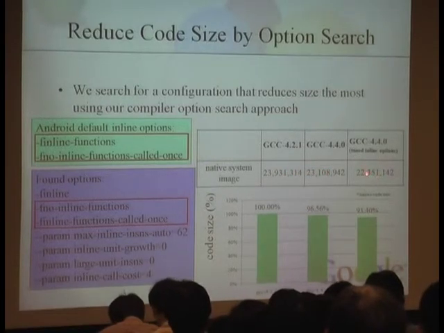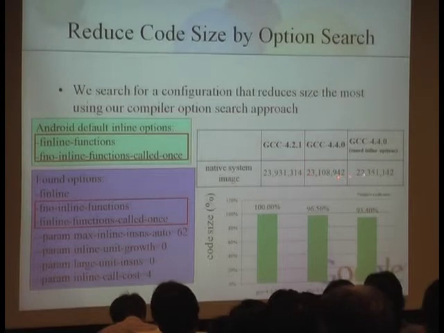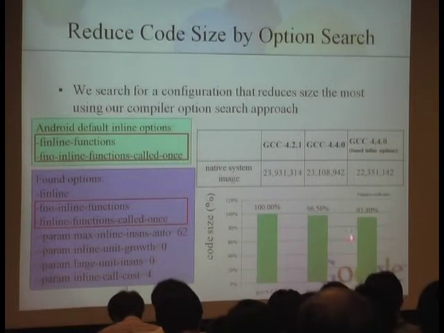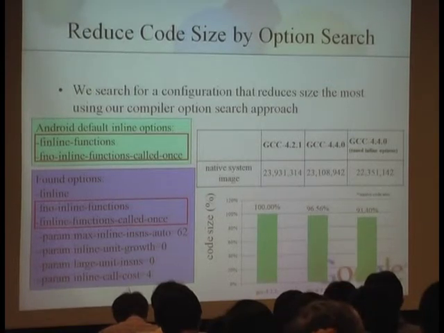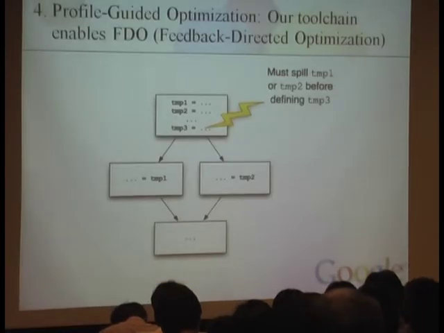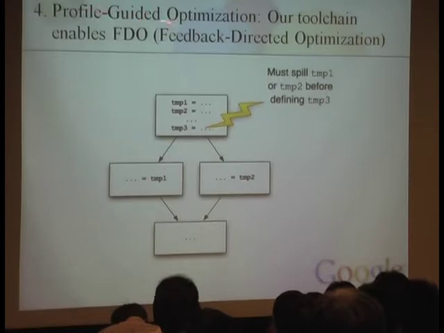And then with the inline options, we can further remove about 750 kilobytes. So this is about 7% savings from the Toolchain today. So this gives us savings furthermore. And the fourth strategy I'm going to cover is this profile guided optimization.